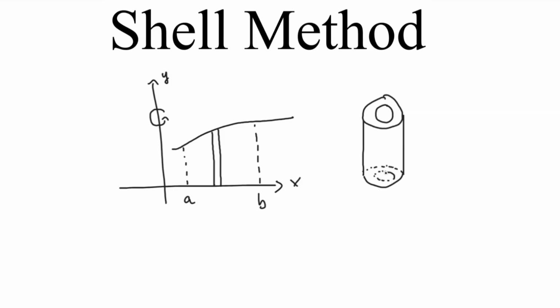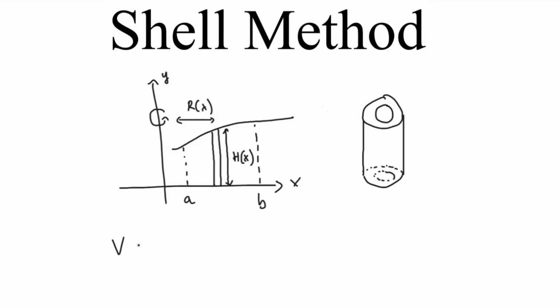For example, this is the rectangle. The height of the rectangle is h of x, and the radius is this one, from the starting point to this rectangle. This is r of x, the radius of the cylinder.